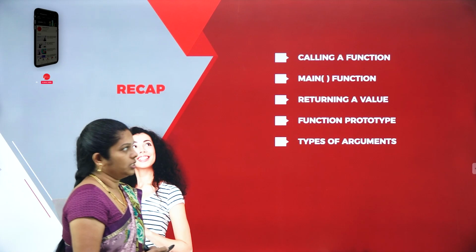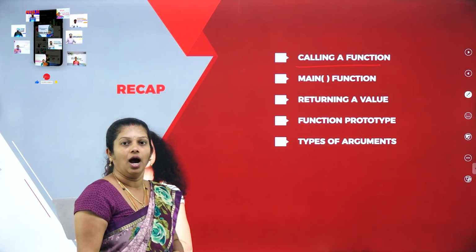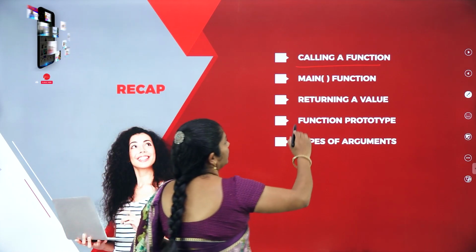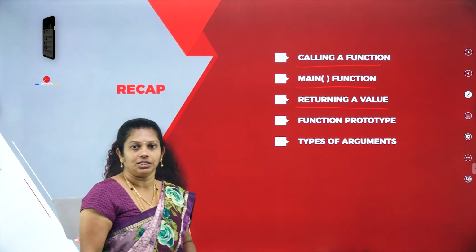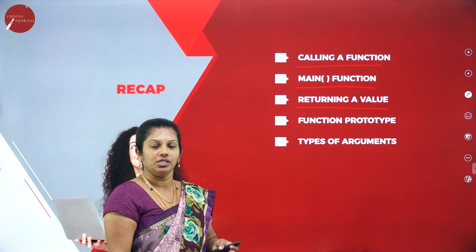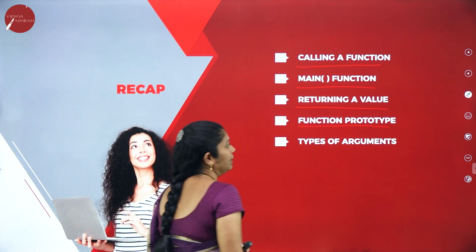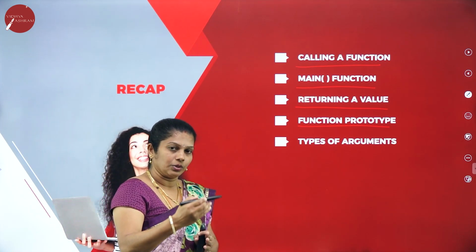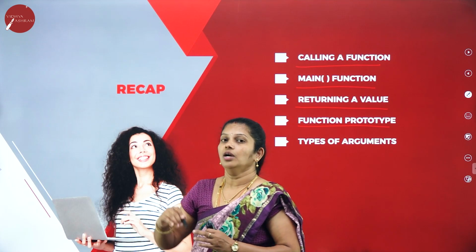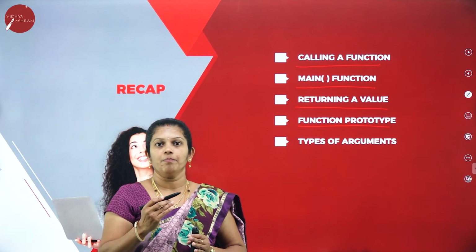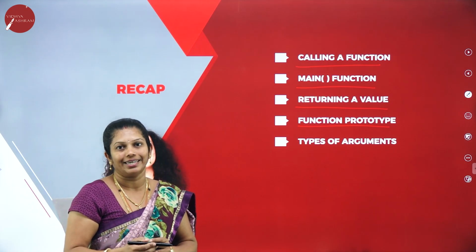In the previous session, you have studied what do you mean by calling a function, how to invoke a function, then main function, returning a value, after calculation in the program, especially in the functions, how values are returned, then function prototype, that is, before using that function in the main program, we have to declare what is the function name, what is the return type specifier, how many arguments are there, and which data type it is.